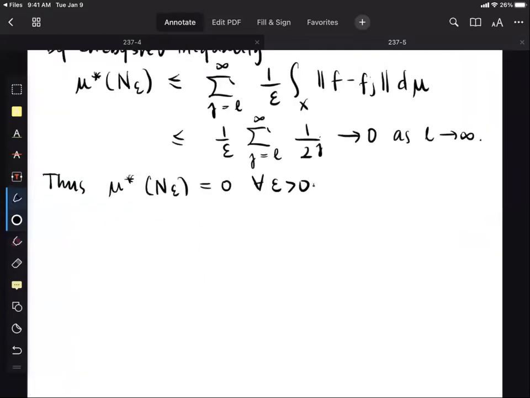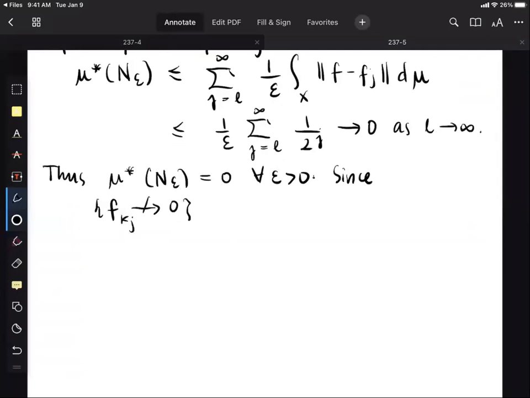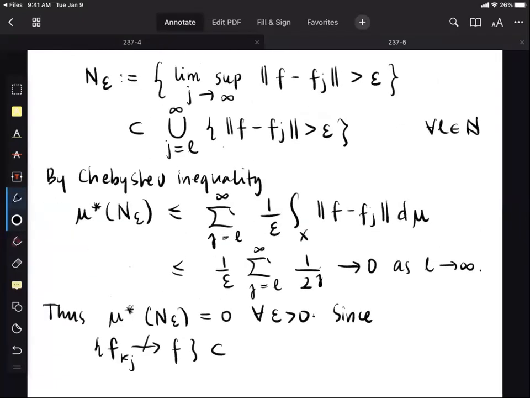Since the set where we have non-convergence to f is a subset of N epsilon for any epsilon greater than 0. Take note that if you do not have convergence with respect to f, then your limit superior must be positive.